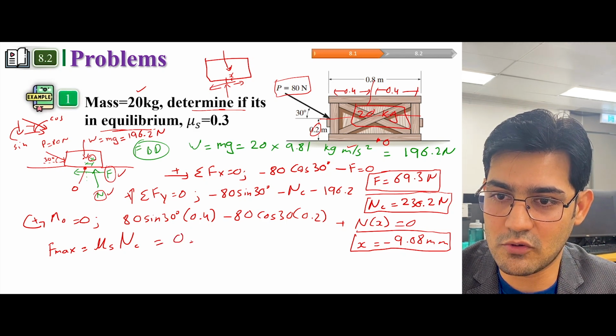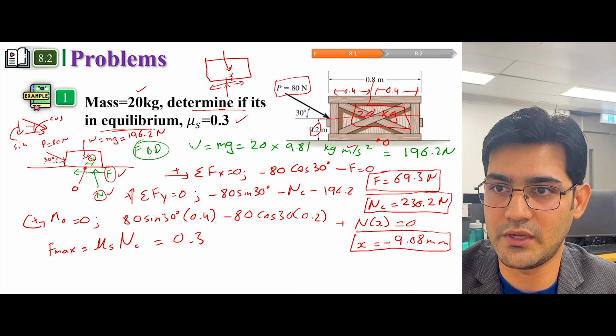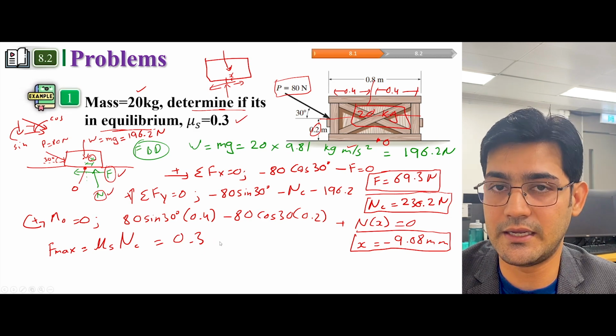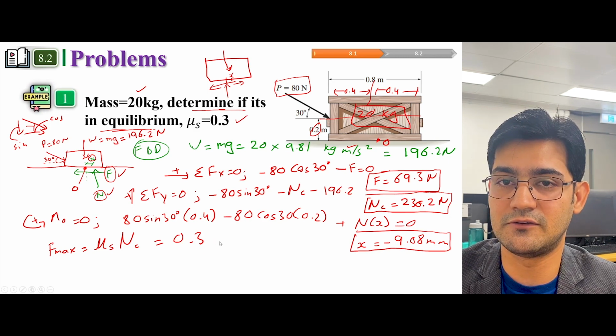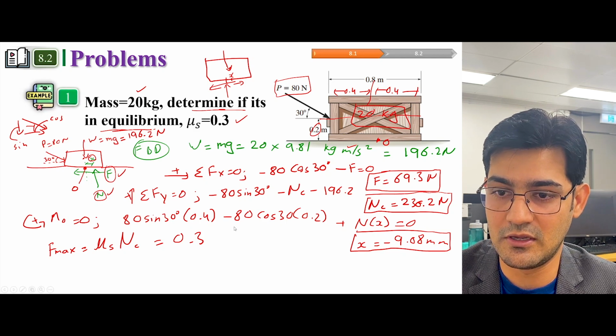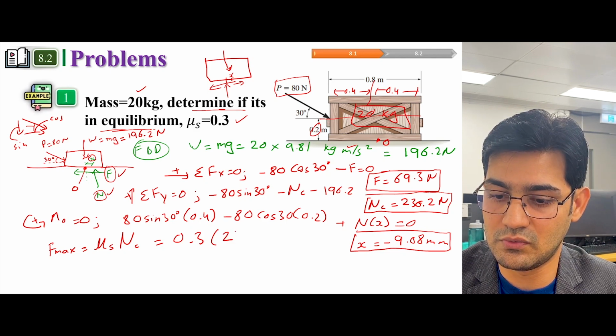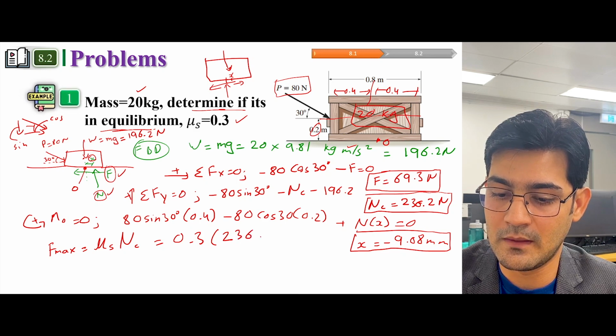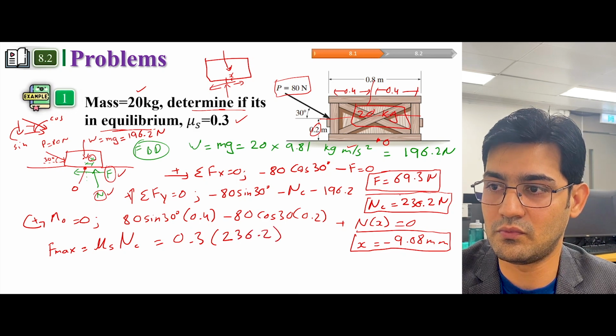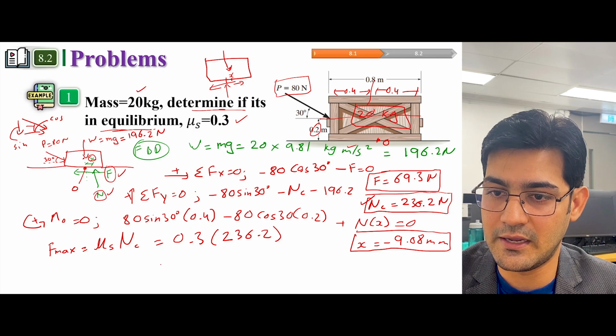Our coefficient is 0.3. We are given this, and it depends on the surface of these rigid bodies. And what is the normal force? The normal force is 236.2, which we calculated here, and if you do the math, you will get 70.9 Newton.